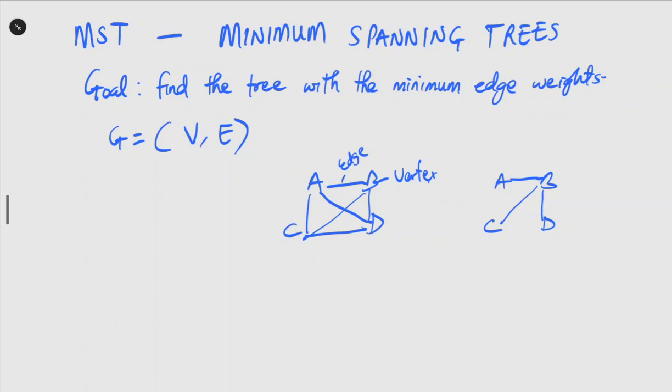So when we talk about a cycle, we mean that we can take off from one vertex and come back to that same vertex. Let's say we have from B to D, from D to C, and from C back to B. That's a cycle.